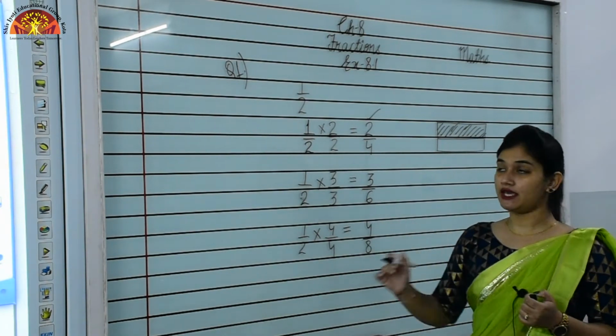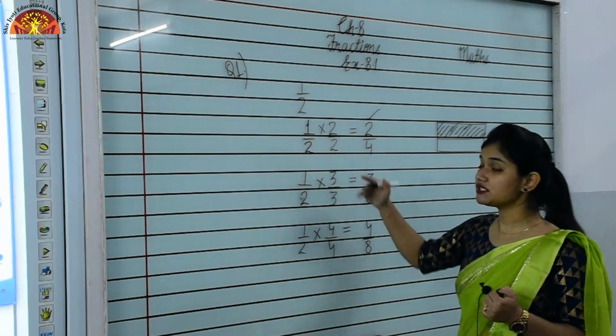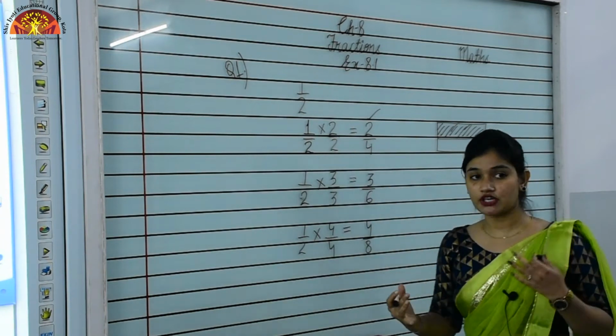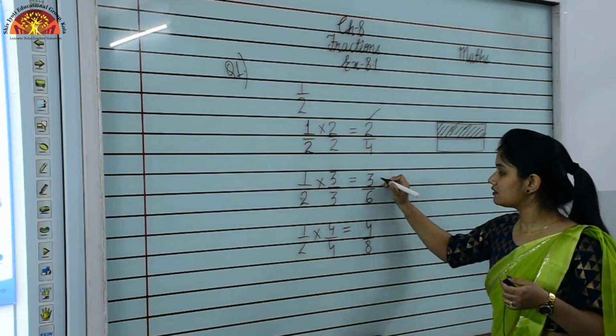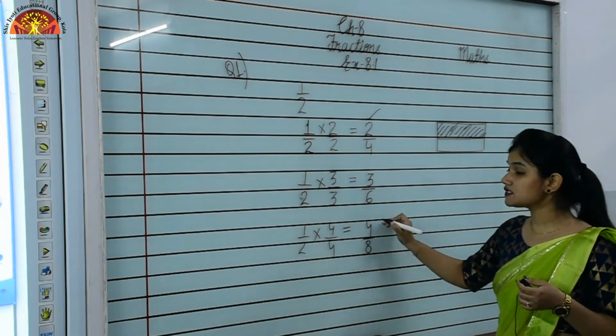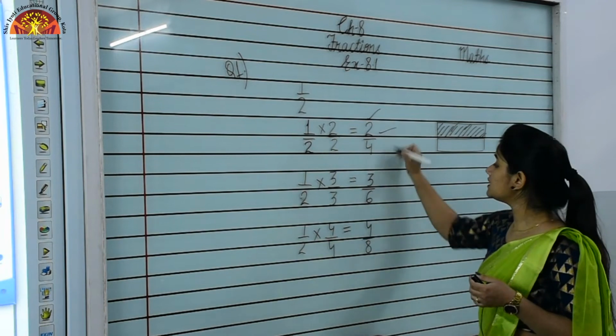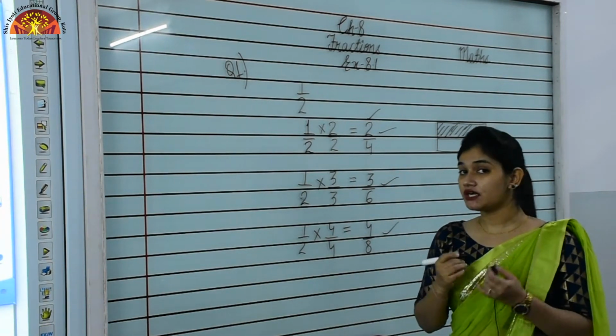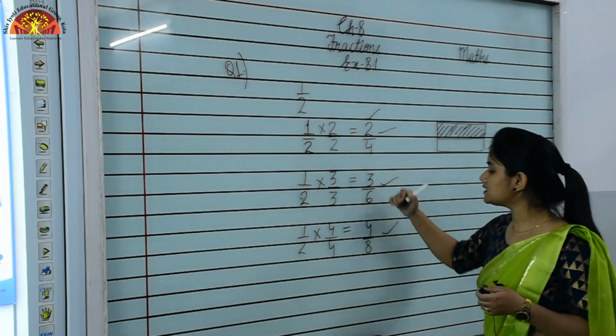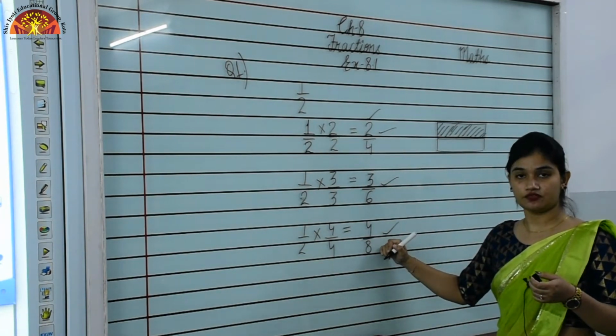After multiplying the same fraction by different numbers, I am getting other fractions, and the first fraction is 2 upon 4, next is 3 upon 6 and the next is 4 upon 8, and these fractions are called equivalent fractions. What did I say? These fractions are called equivalent fractions.